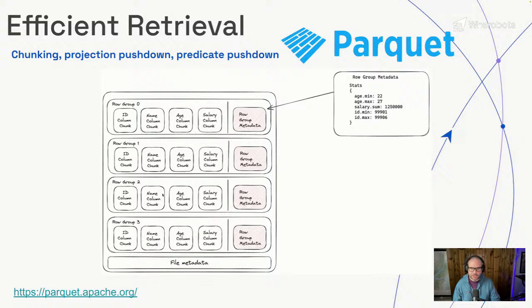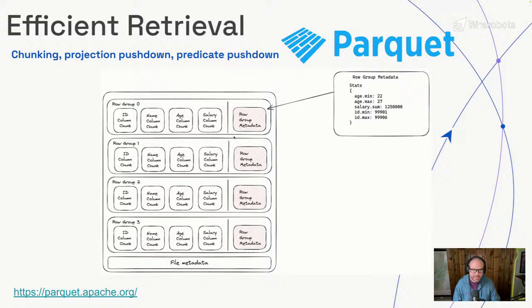That's projection pushdown. But also predicate pushdown, which means, let's say as part of our query, we're only looking at salaries that are greater than $100,000. Well, if I look at the summary statistics for row group 0, I can see the max ID, or let's say we're looking for IDs greater than 100,000.